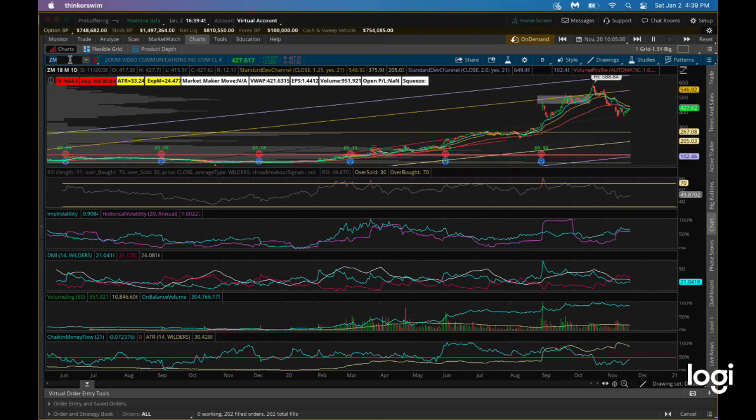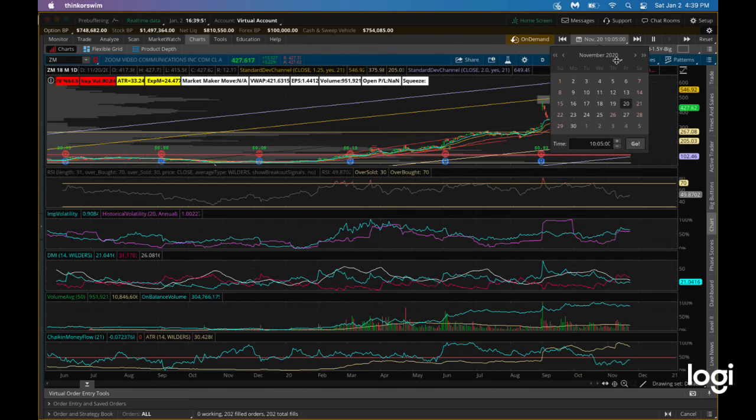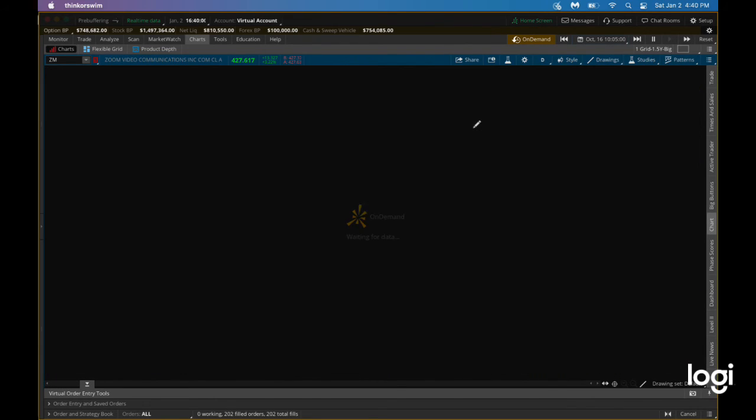For this illustration, I will choose 10/16, sorry, October 16th. So October 16th, let's look at Zoom. It's coming up.